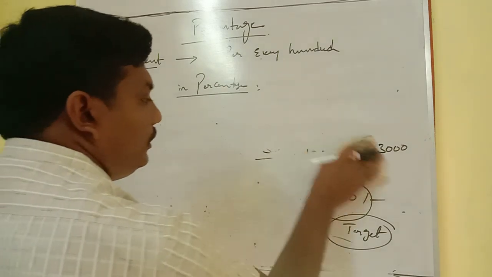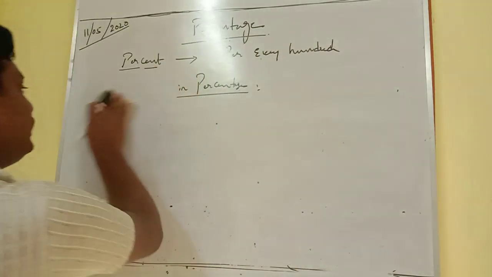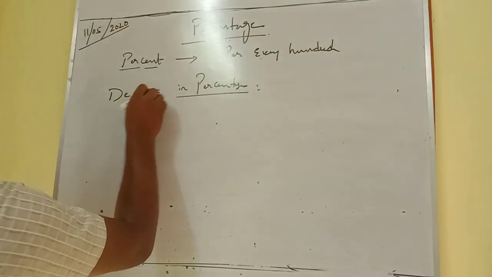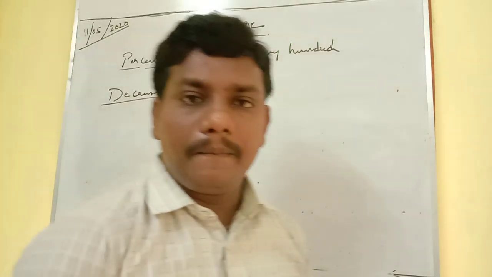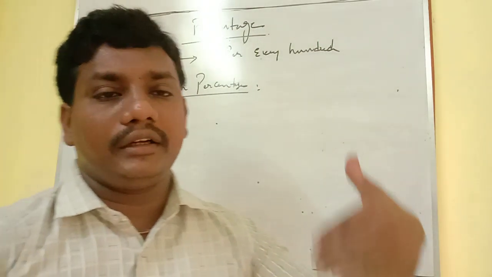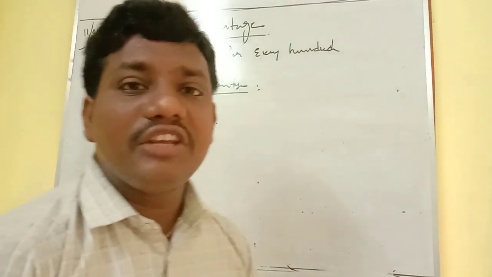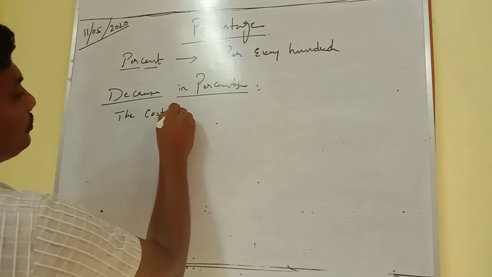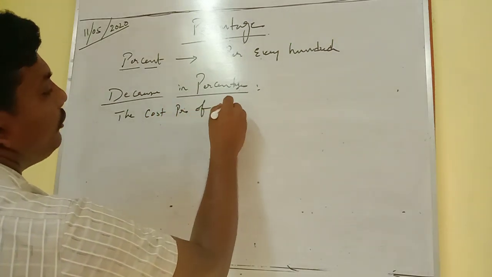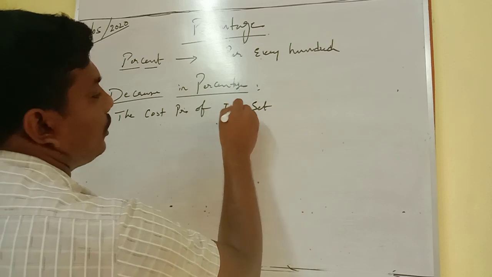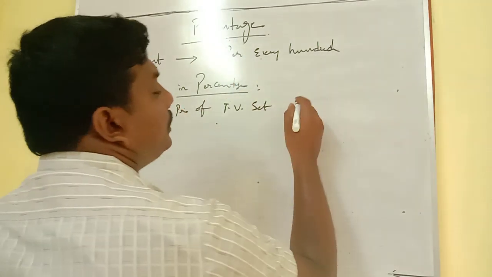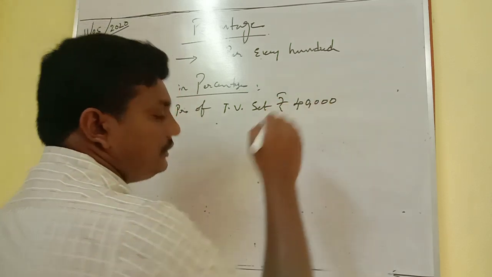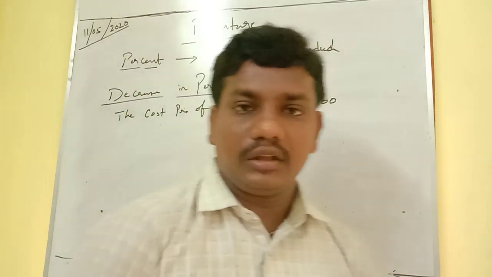Let me see how to calculate the decreasing percentage. Suppose we bought a product from the company. Let me consider a TV. The cost price of the TV set is, suppose, 40,000 rupees.